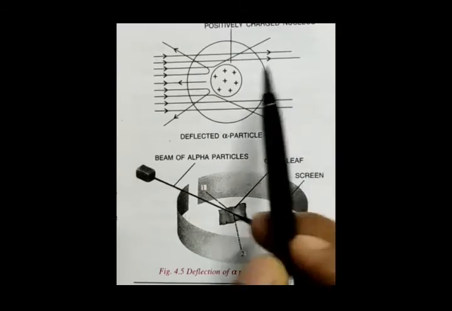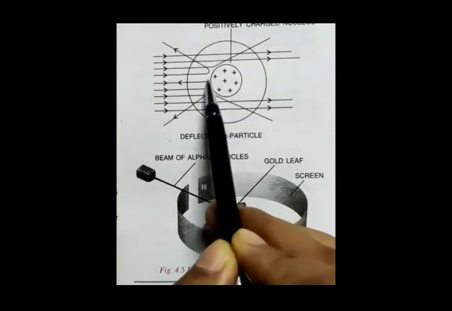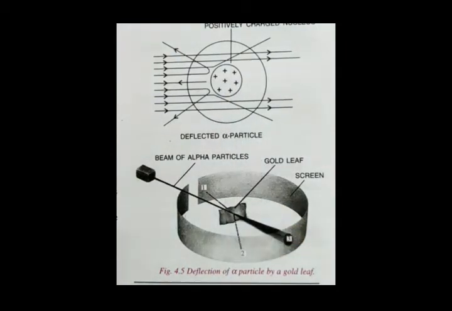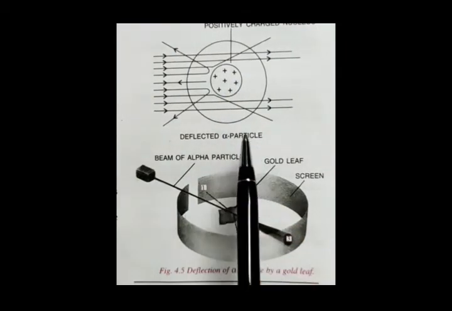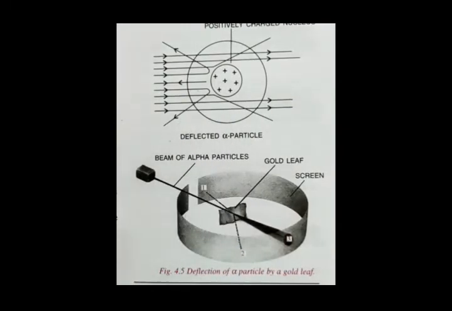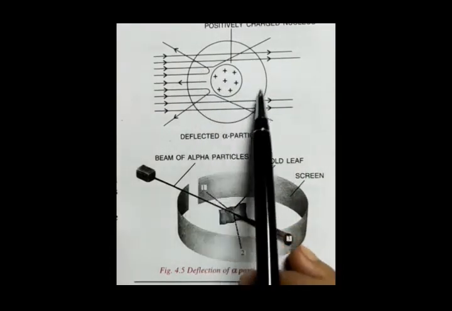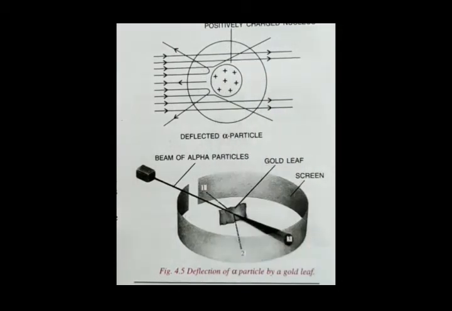Clear? As the positively charged particles are confined within the nucleus, he concluded that the number of negatively charged electrons dispersed outside the nucleus is the same as the number of positively charged particles inside the nucleus. So according to Rutherford, electrons are outside the nucleus and the protons are inside the nucleus. Clear?